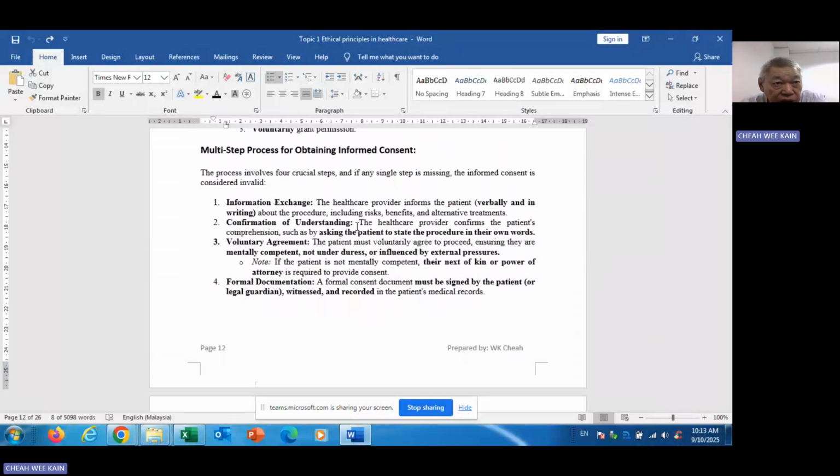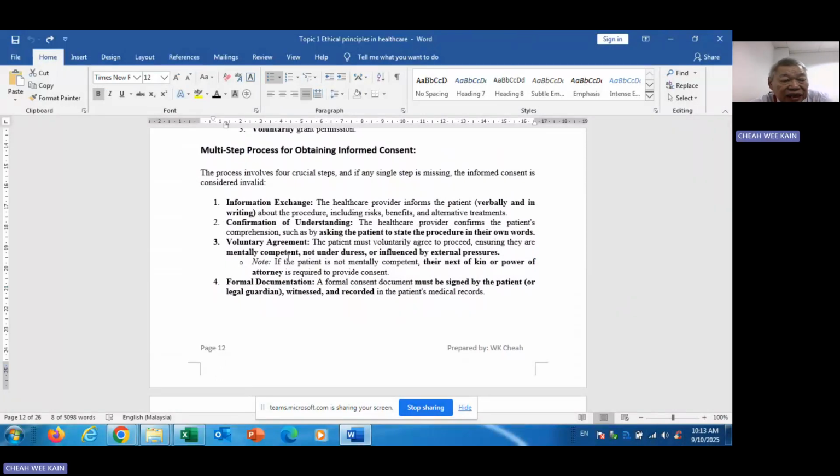Voluntary agreement: the patient is mentally competent. If you have an unstable, mentally handicapped person, that's not very good. Not under duress, you don't create panic for them. Formal documentation: it needs to be signed, especially for invasive procedures.